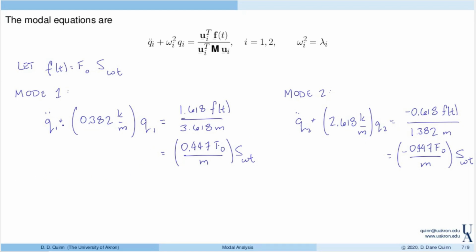So now, if I look at both of these, they are single degree of freedom systems, right? No damping with harmonic forcing. So we can solve the two of these together.